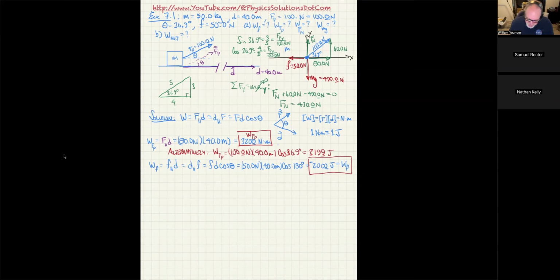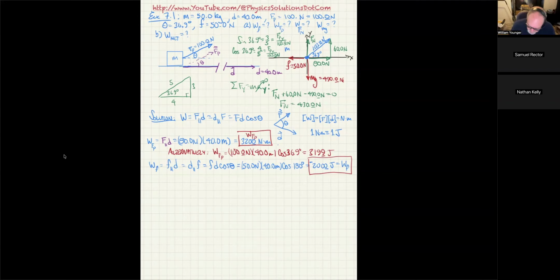Okay. And it's also sort of like the friction force is losing to the FP force. So it's losing, and we've got to keep account of exactly how much it lost. So it doesn't make sense for it to just be called zero. You have to call it something less than zero so that it can take away from what you got for the thing that was greater than zero.